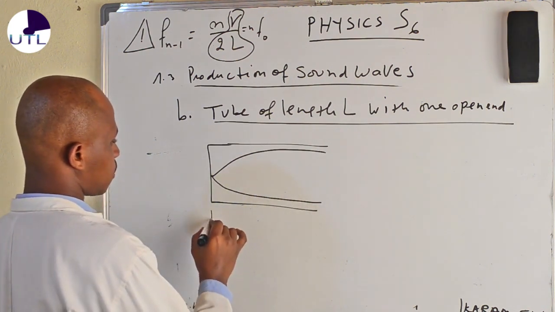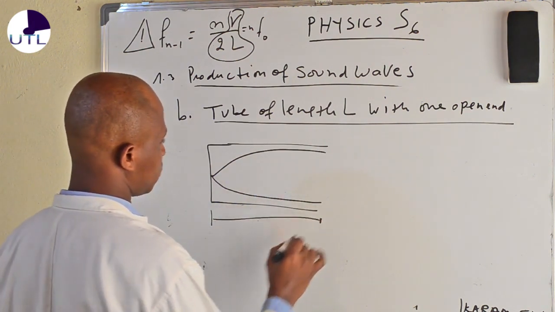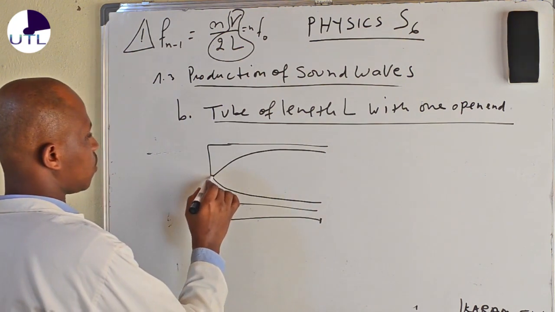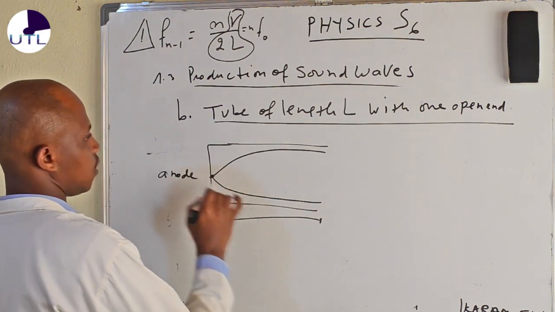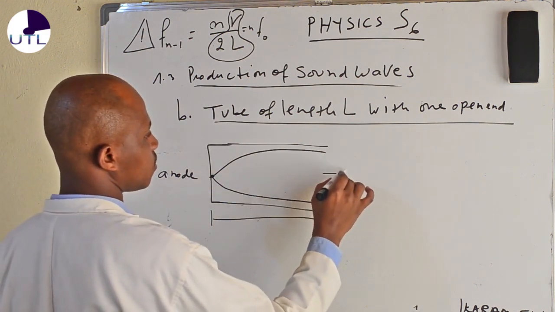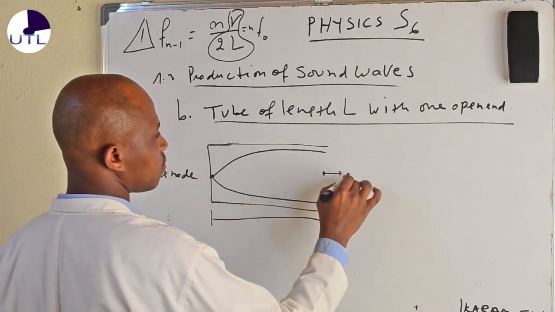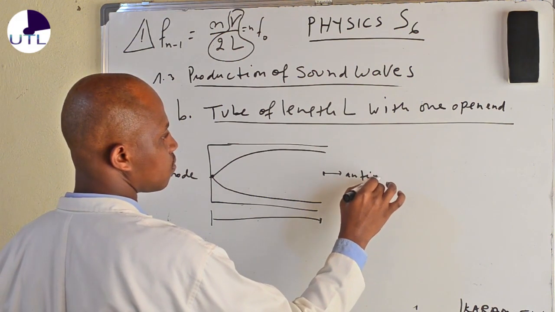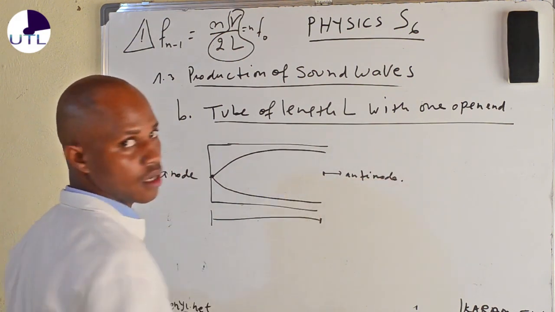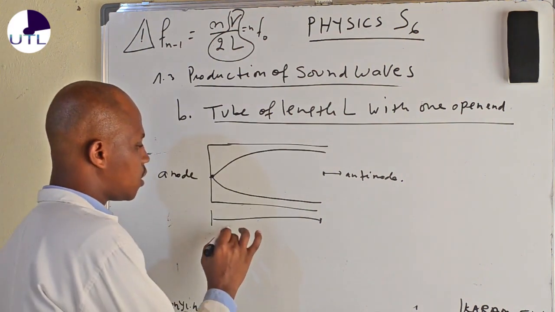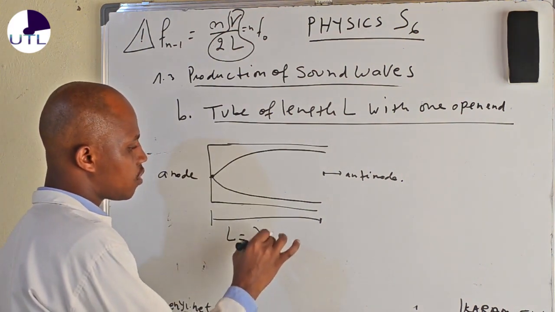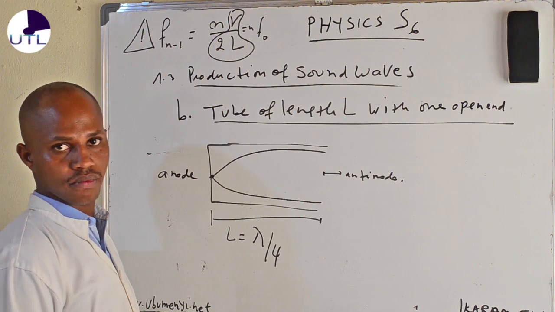The point here is what we call a node, and there we have antinodes. Now, if you have these, the length will be equal to the wavelength divided by 4.